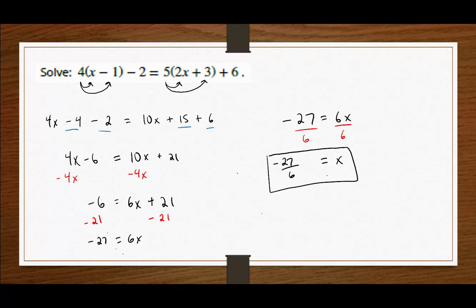We might write this as, let's see, the mixed number format would be -4. Let's see, that would give me 24 with 3 left over, so 3 out of 6, or -4.5, or -4.5 if you prefer the decimal version of this.